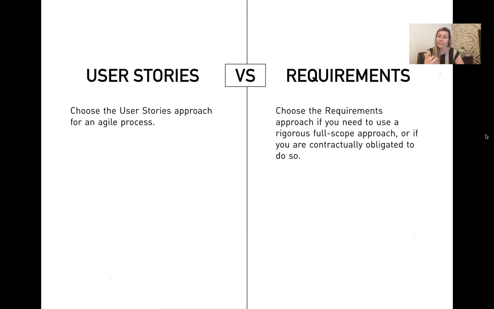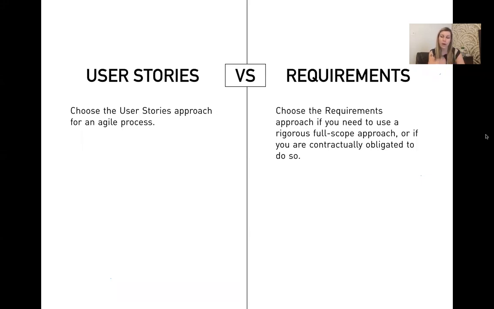Requirements, though, might be necessary in your process, depending on the company you're working for, the budget, and different factors. Some of those factors that might lead you to have more formal, typical business requirements as opposed to user stories would be if you need to use a rigorous full scope approach. Then you might have requirements in addition to user stories, take requirements as your overall goal, and then chunk them down into user stories so that you can tackle them.